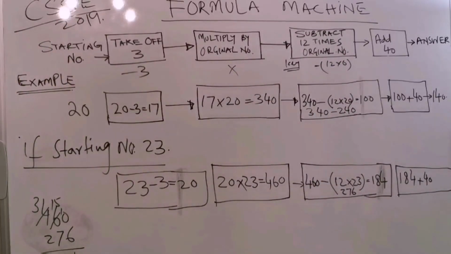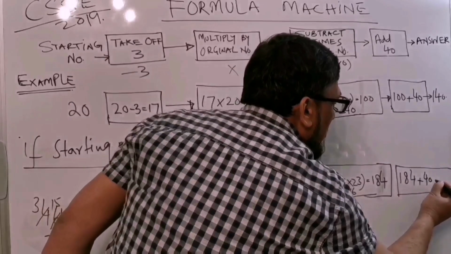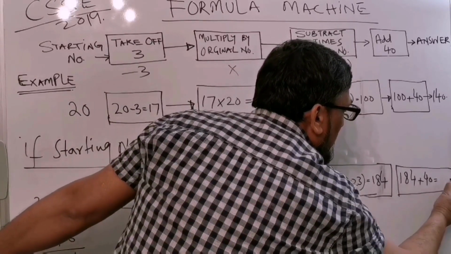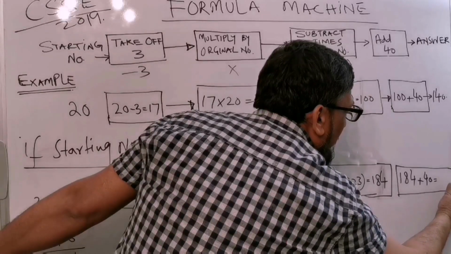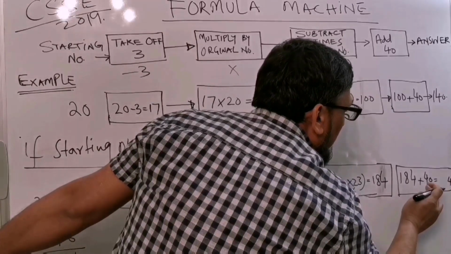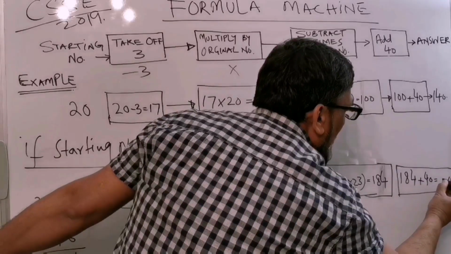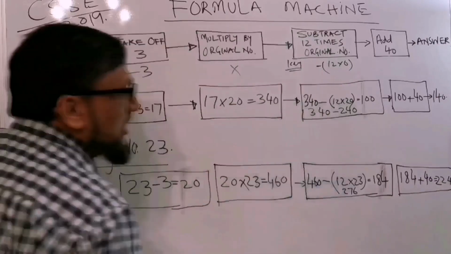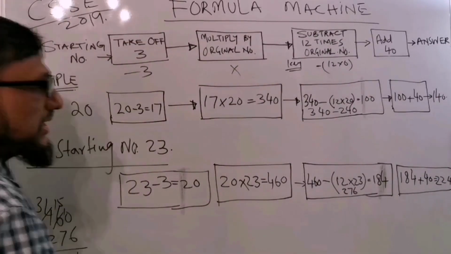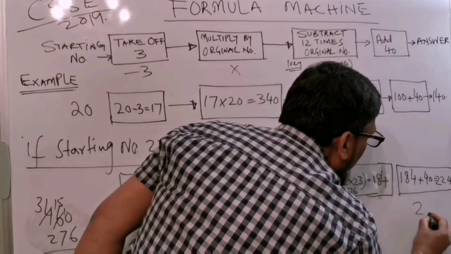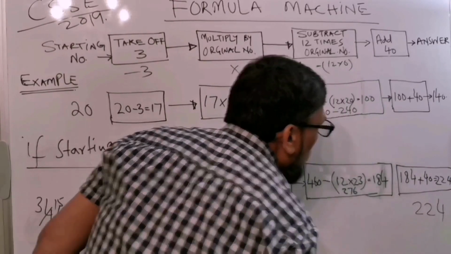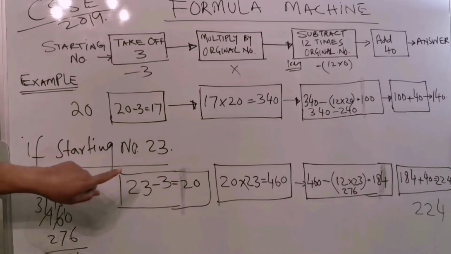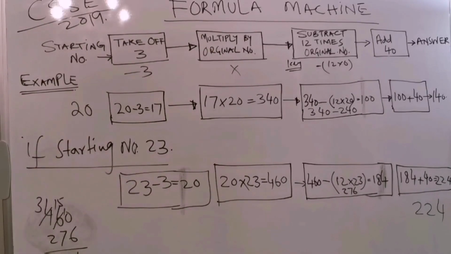So if you add 40, 4 and 8 is 12, and 2 to 4. So the final answer you are getting is 224 after processing the number 23.